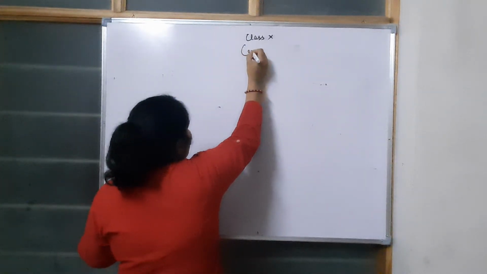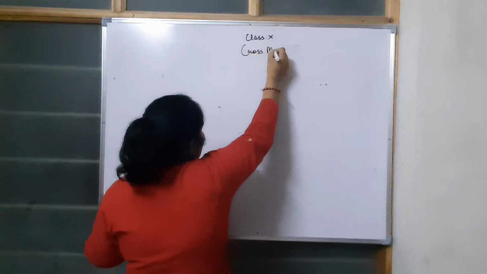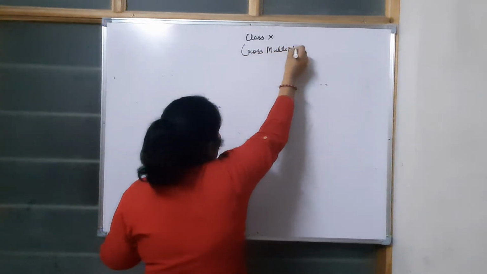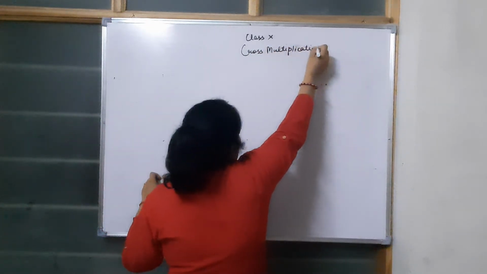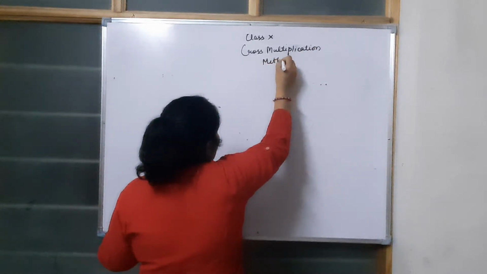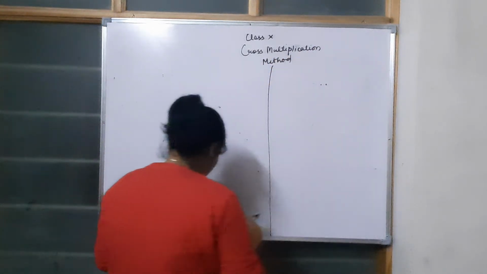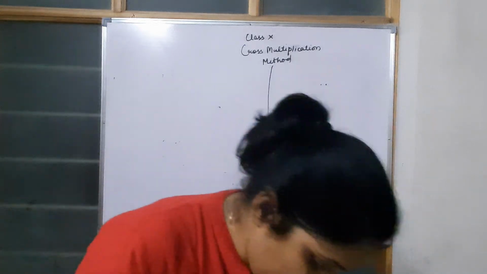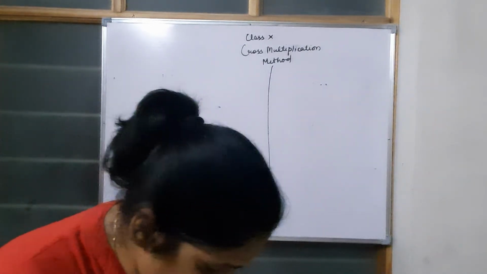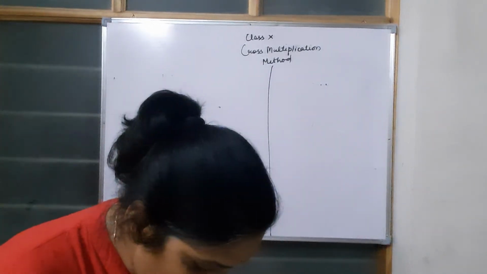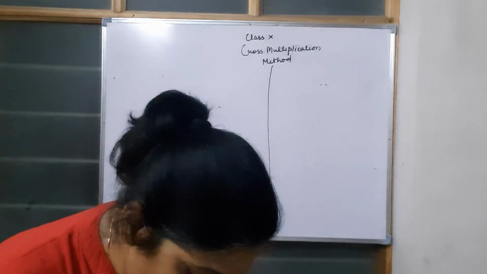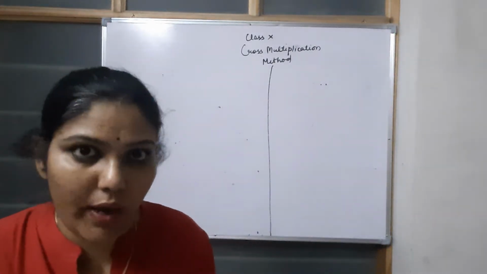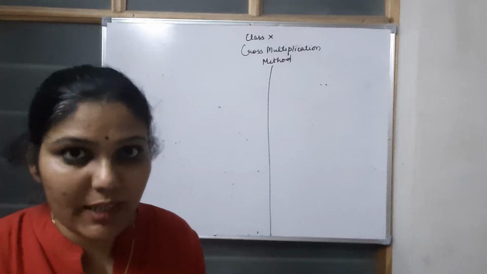Cross multiplication method. Now just look here, what is there in the cross multiplication method? I am going to discuss a very easy question for you and the easiest way to do the cross multiplication method.